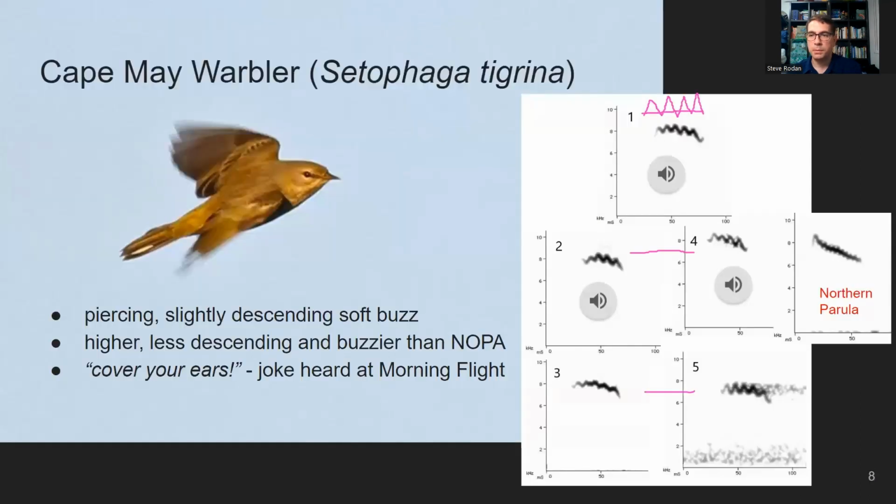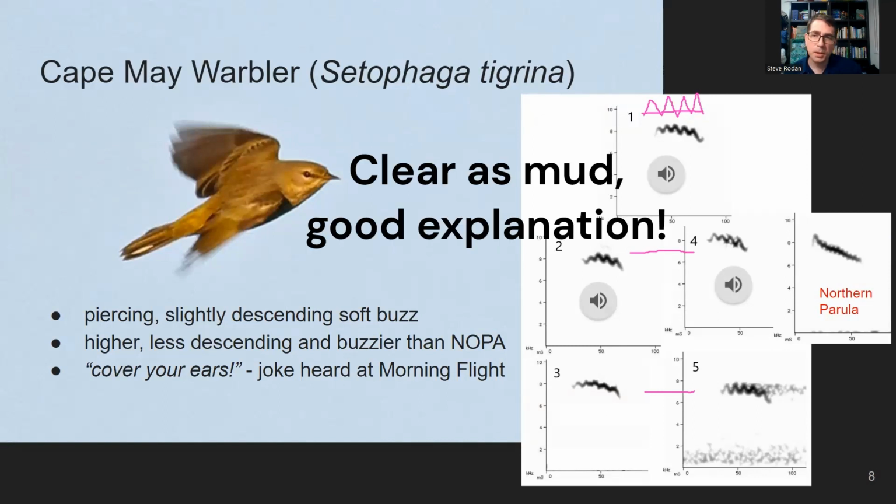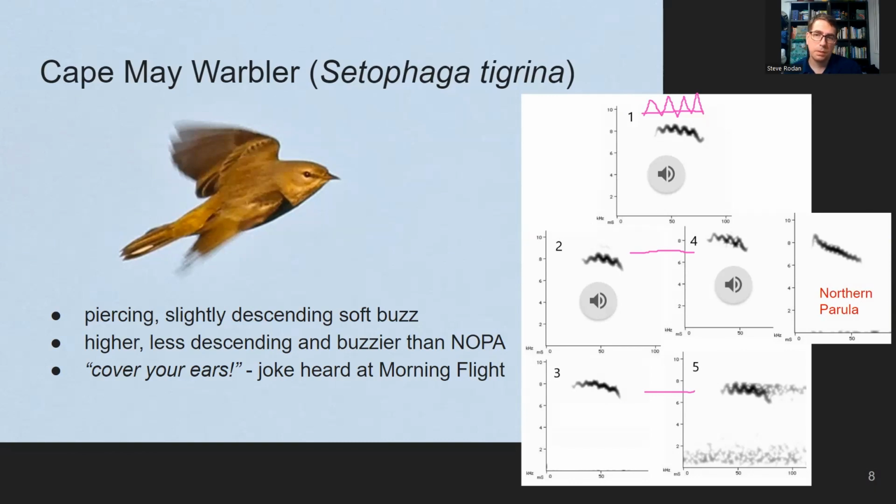Okay, and the fourth and final species I'm going to talk about in this first installment is the Cape May warbler. Well, since I've been talking about Cape May, in the fall, Cape May warbler is surprisingly common. In the spring, they're surprisingly rare, considering their name.